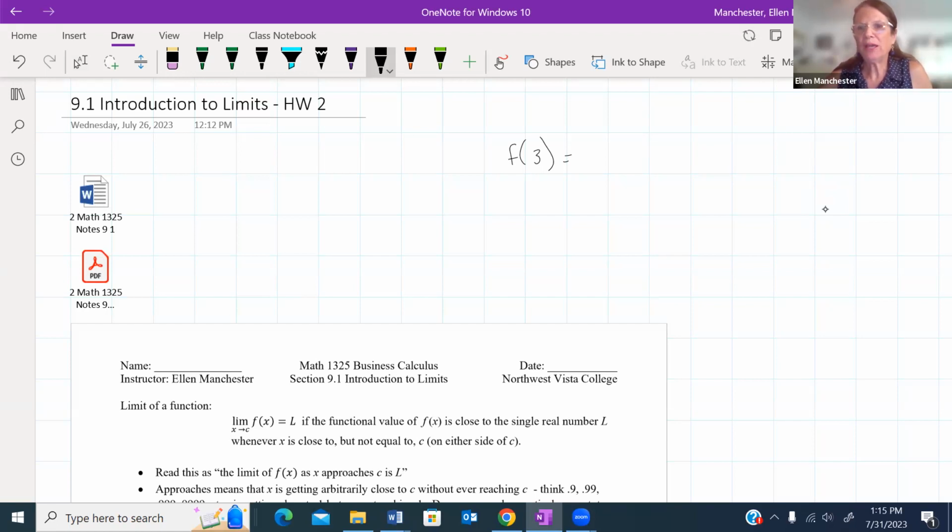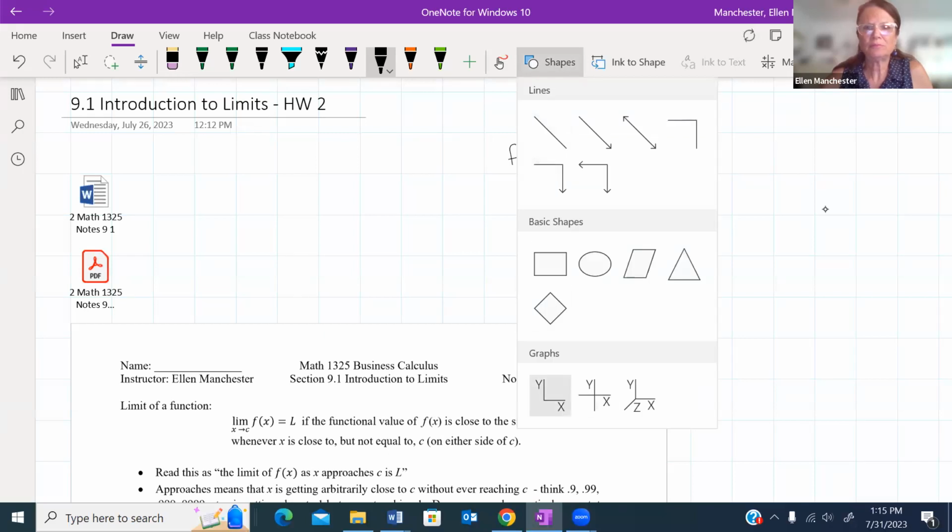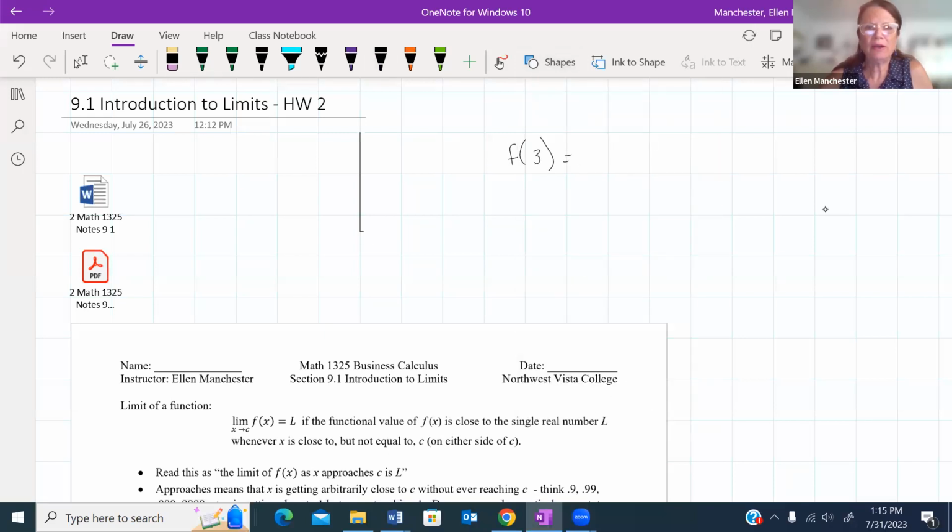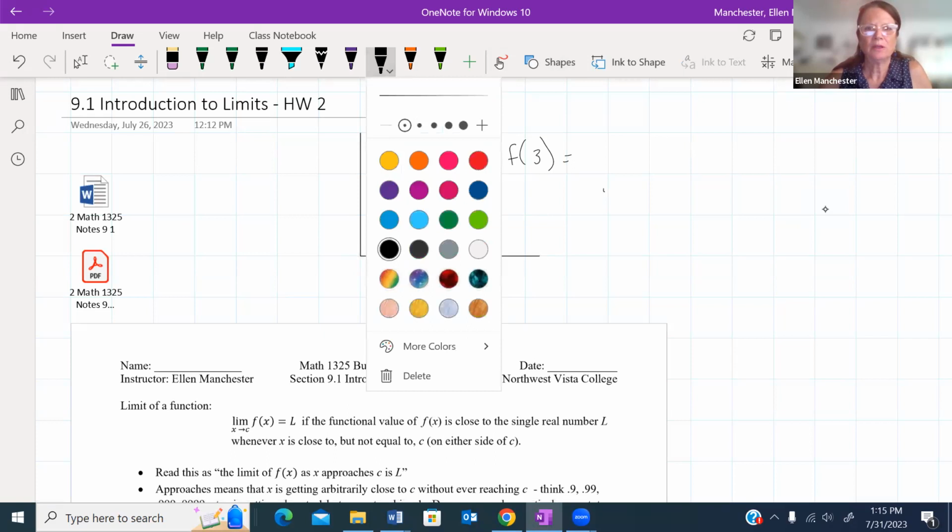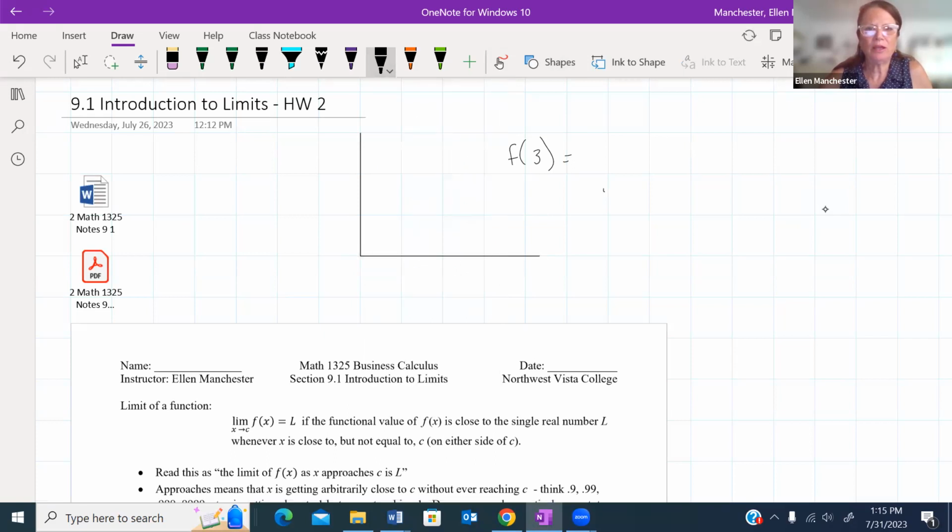So if we were looking at a graph, and obviously this is 0, 1, 2, 3, this is our x-axis, and here's our y-axis. And let's say our f function.